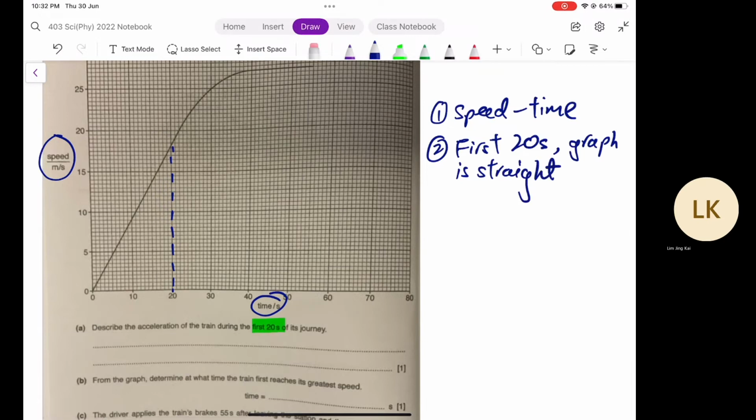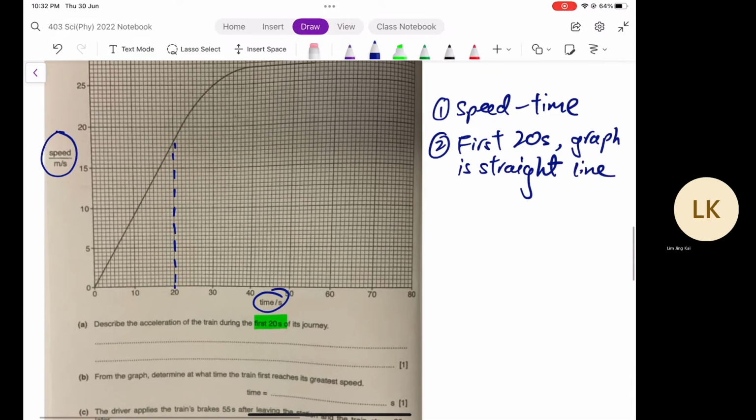So we know that the first 20 seconds, the graph is a straight line. And when it's a straight line, okay, we can actually say that the gradient is constant. Okay, so linking back to the question here, we are looking for acceleration. So we know that acceleration can be found from the speed time graph through the gradient of the graph.